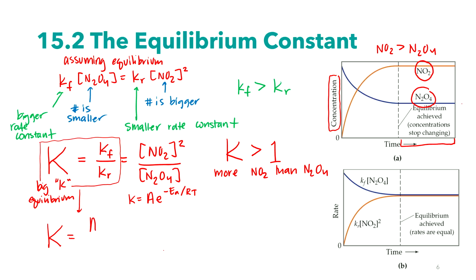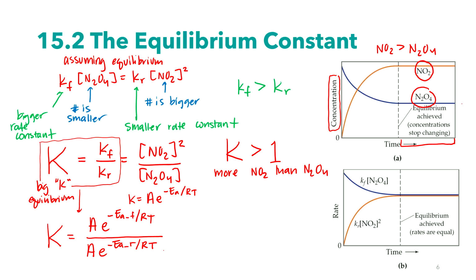That A times e to the negative Ea, and now I'm going to specify that this is the forward activation energy, divided by A e to the negative Ea divided by RT with the reverse activation energy. And I've made an assumption here. My assumption is that A, that frequency factor, has not changed.